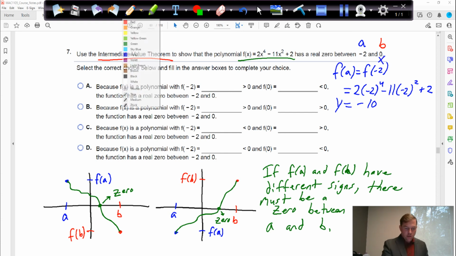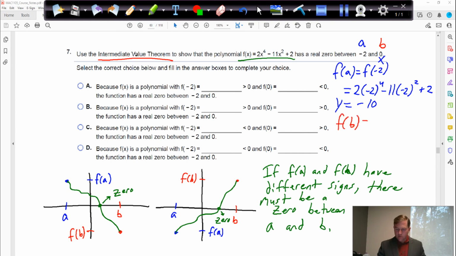Let's try 0. So f of B would equal f of 0, which is 2 times 0 to the 4th, minus 11 times 0 squared, plus 2. Well, this one's pretty easy. All these zeros to whatever power go away, so you're just left with positive 2. And that's the y value when x is 0.